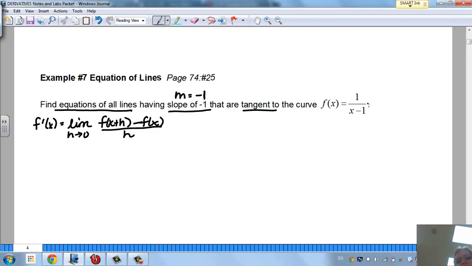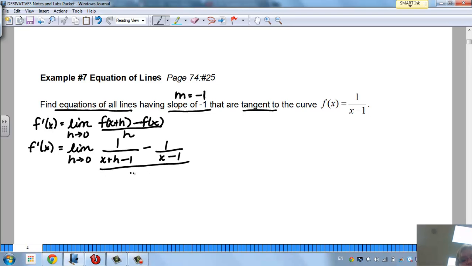And when I use this function to do that, I have f prime of x is the limit as h approaches 0 of 1 over x plus h minus 1, all I did was put the x plus h in that spot, minus 1 over x minus 1, because that's f of x, all over h. Now when I look at this, this is a complex fraction. So we're going to multiply everybody by the common denominator, which is going to be this and this.